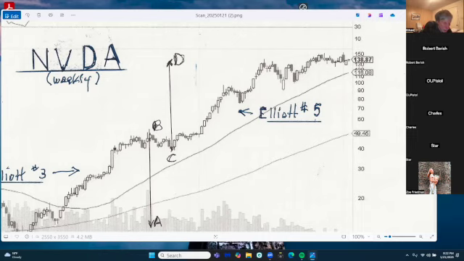And then there's also a short of NVIDIA. I forget the symbol. Yeah, here it is, NVD. So NVD, GraniteShares 2 times short NVIDIA daily ETF. That's another way to play it up or down, in this case down.